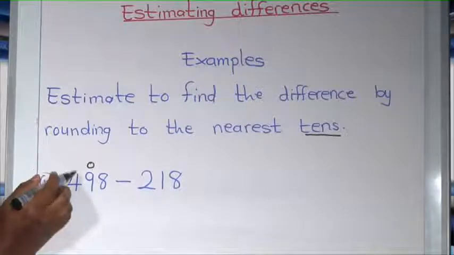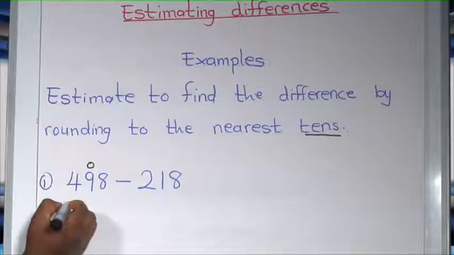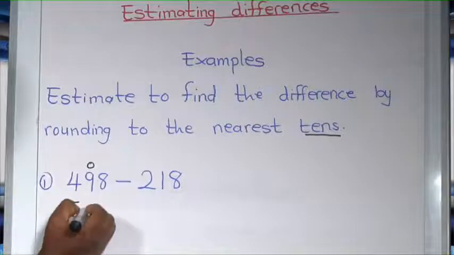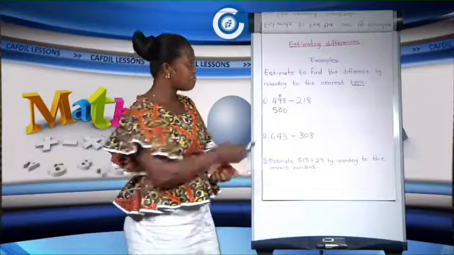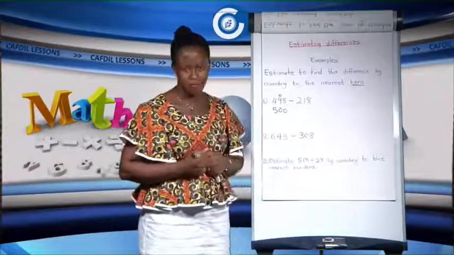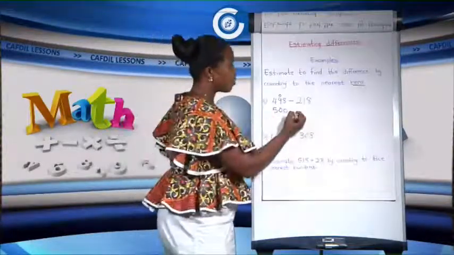So when we add 1 to the 4, we will get 5. And then 0. So we will have 500. 498 to the nearest 10 will be 500. We have rounded up. We will bring our sign.